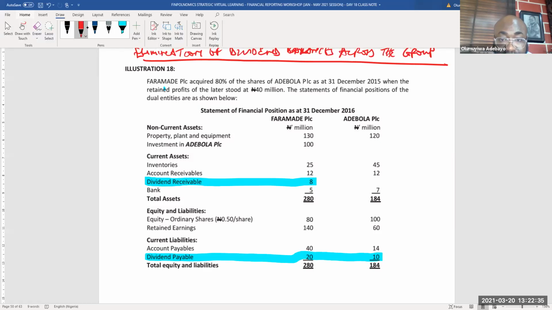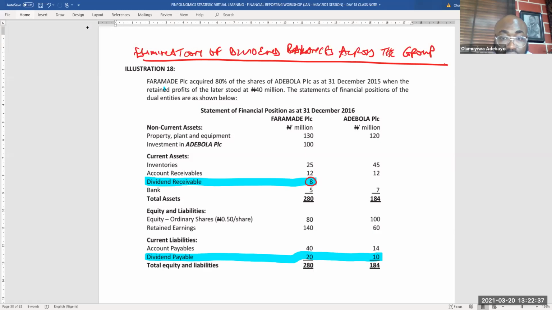What does this mean? This means that Paramade PLC has some equity investment where dividend has been appropriately declared and it has recognized an income, but is yet to receive that dividend in cash. Therefore, this constitutes a receivable in amount of dividend, which is an asset to the parent.